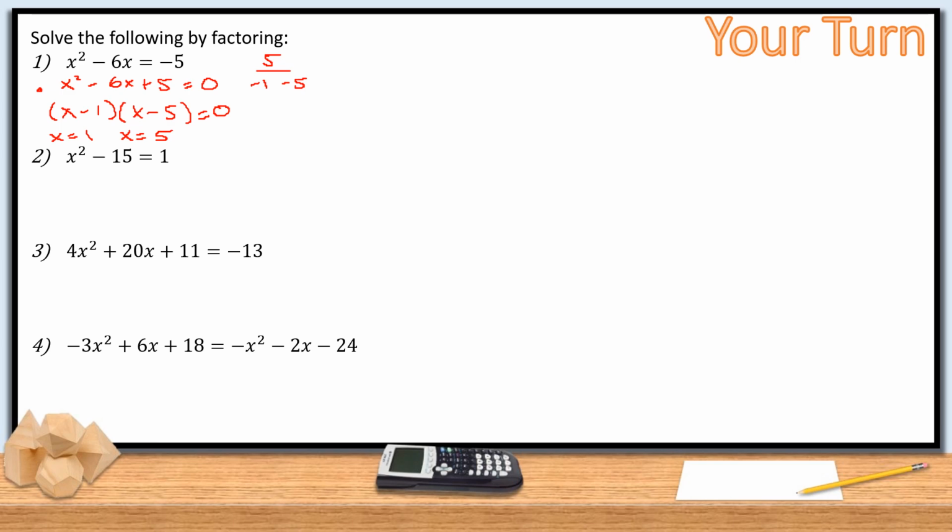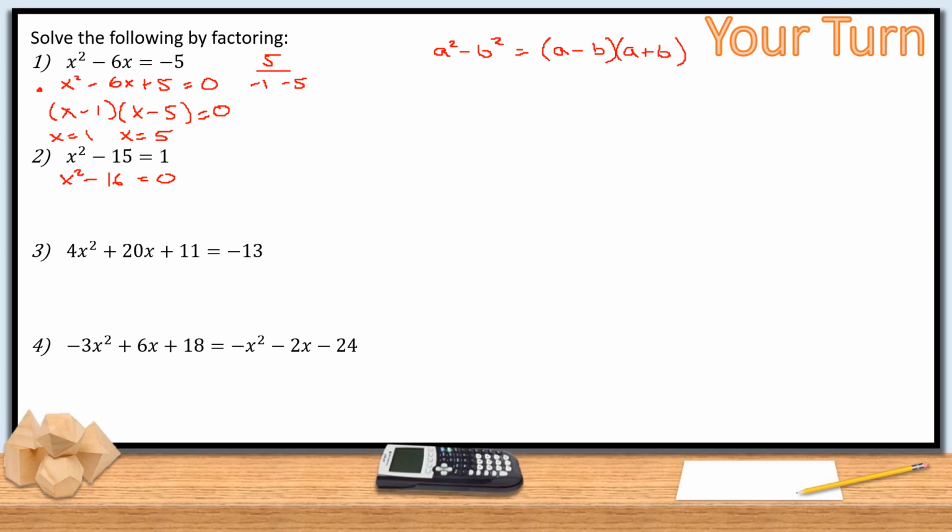Okay, second one, x squared minus 15 equals 1. Subtract 1 from both sides. x squared minus 16 equals 0. Now, do you recognize this situation? This is the difference of 2 squares. So if you have 2 square numbers subtracted, you can call that a minus b times a plus b in terms of factors.